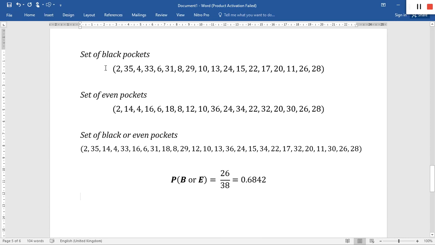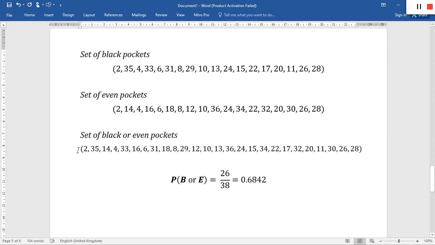If we do it as only places where you have black, that is events of black that are not even, and events of even that are not black, then we have two mutually exclusive events. Because now we are trying to exclude black from even and exclude even from black. Then if we do it combined, that is all the blacks and all the evens, some pockets will repeat themselves. So what would you call such a situation? Okay, I can't remember the exact picture for that.